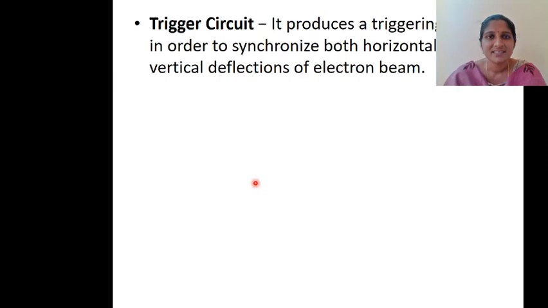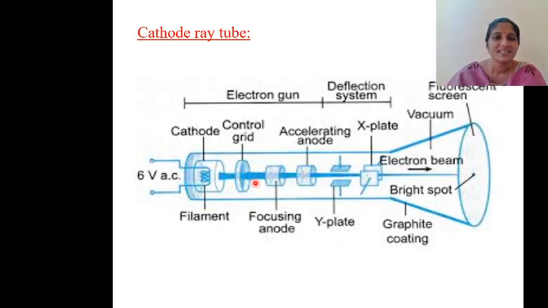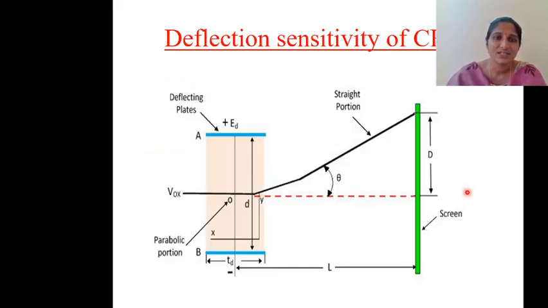And now here in the cathode ray tube, we have seen that the beam is deflected over the screen. So for this deflection, you need to study the deflection sensitivity. The deflection sensitivity of a CRO you can study by using this diagram. Initially the electron beam is here.